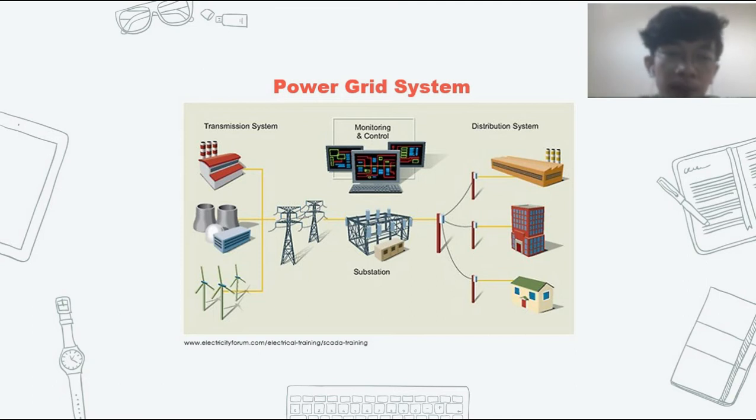From the explanation of the flow diagram of the power grid system, there is a control center for control of the electric network from the source to the load. The control center usually uses the SCADA system.